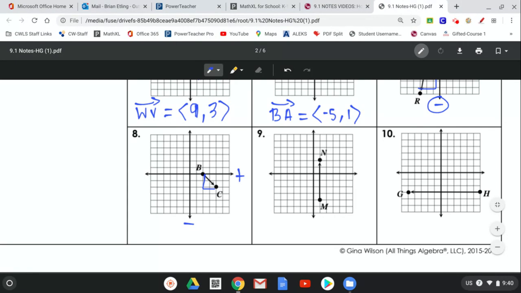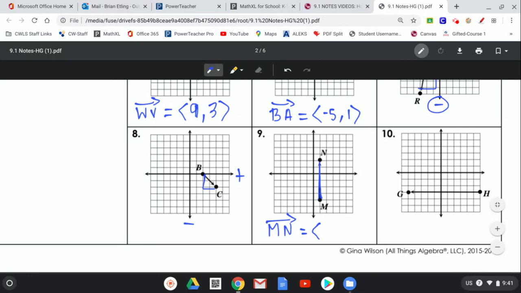For number 9 and 10, it's a little bit different because for number 9, it's just a vertical line. We're going to name this vector. The initial point is M. The terminal point is N. So vector MN. For this one, we're only going straight up, so we're not moving horizontally at all.